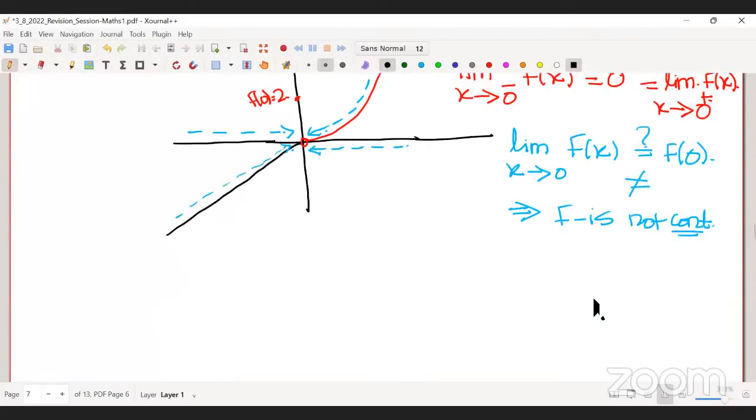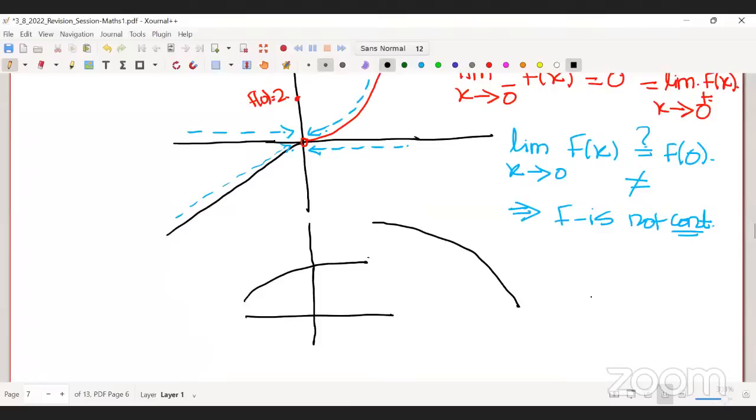For example, let's say some graph like this, and another graph like this. Here if you see, you have a jump, right? This is the graph of a function.